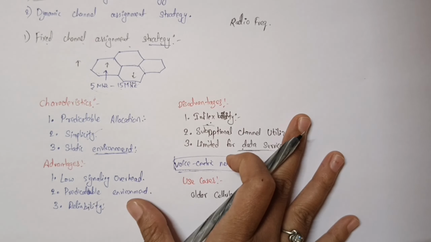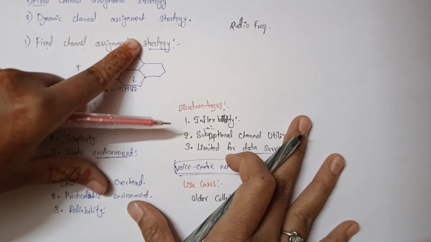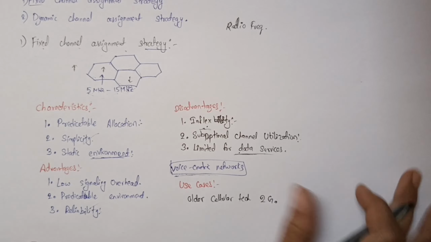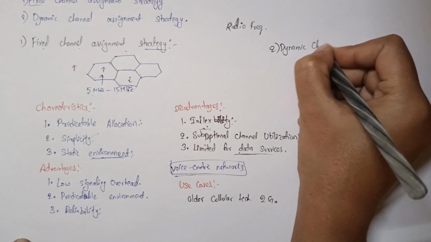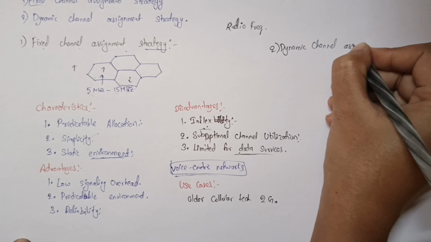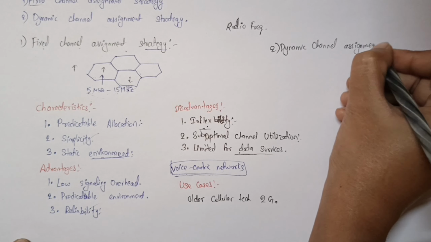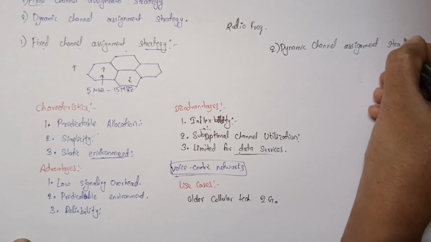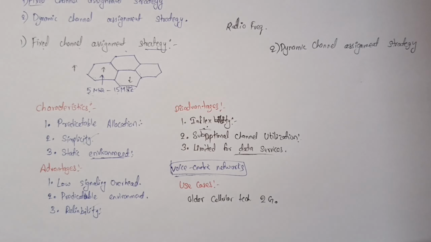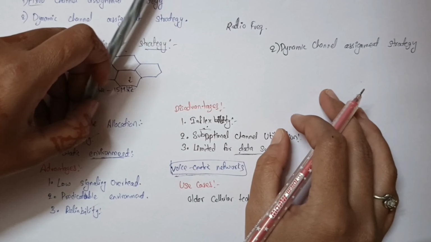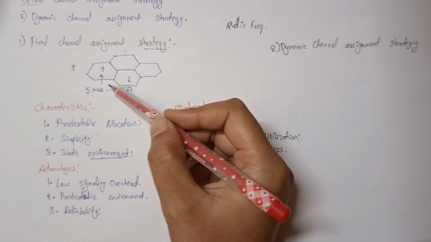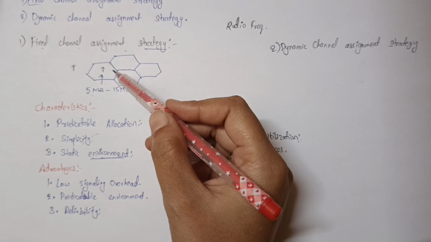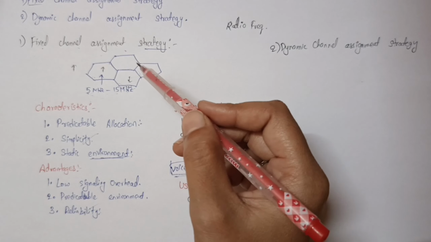Now let's discuss this dynamic channel assignment strategy. So what is this dynamic channel assignment strategy? This dynamic channel assignment strategy is used in the same cellular and wireless network to allocate these radio frequency channels to the cells based on the current state of the network.